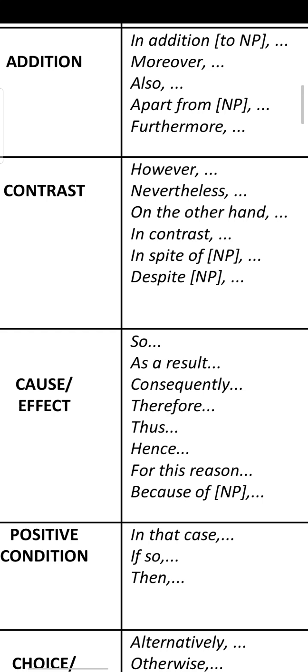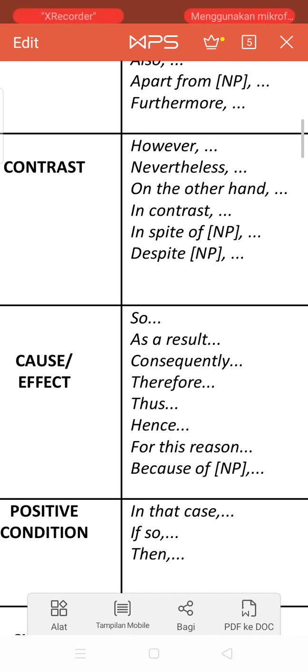"Thus", in bahasa we can say "maka". "Hence" can show a cause, "for this reason", and "because of" are always followed by a noun phrase. See here, noun phrase.